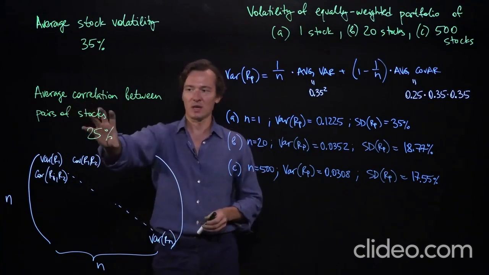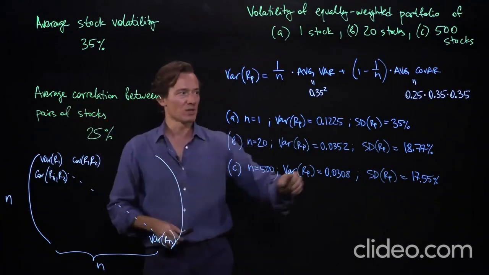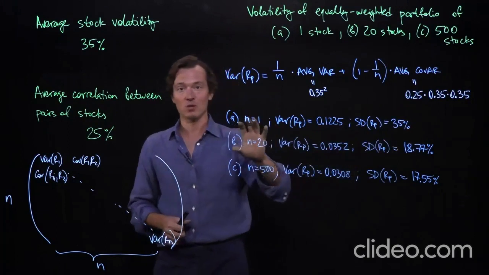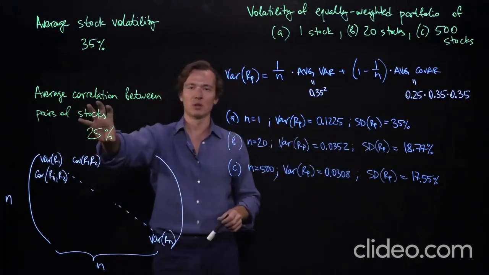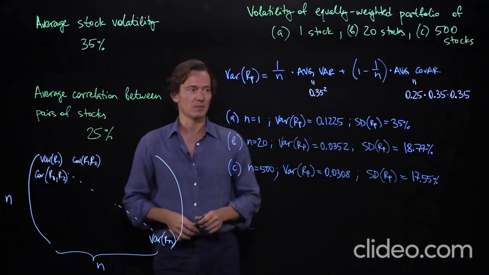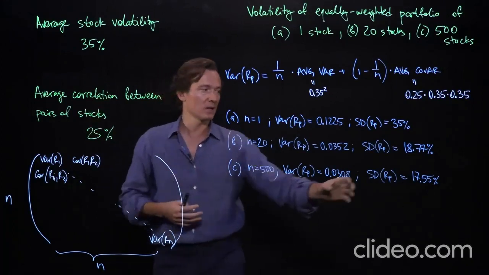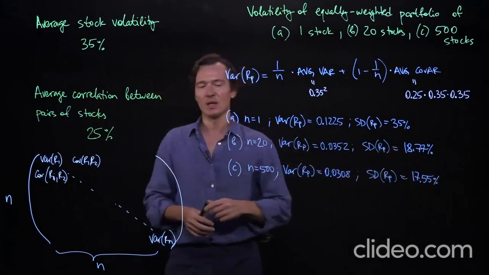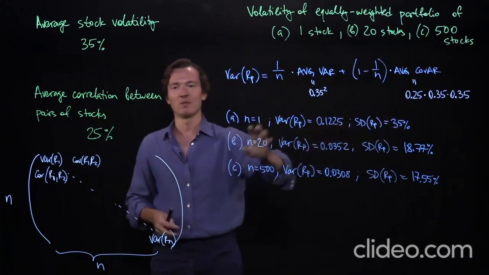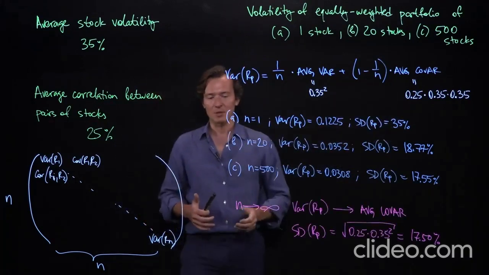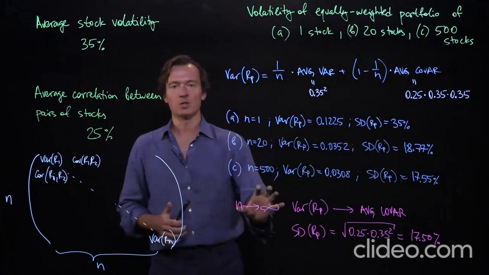In this particular case, if it's 25%, most of this reduction is driven by the fact that we're combining a few stocks, and the average correlation between these stocks is just 25%. And so as we keep adding, we don't get as much as we get initially when we're adding a few stocks.